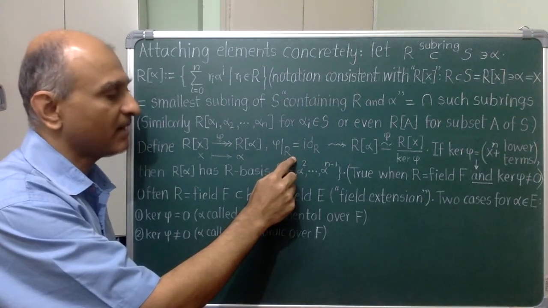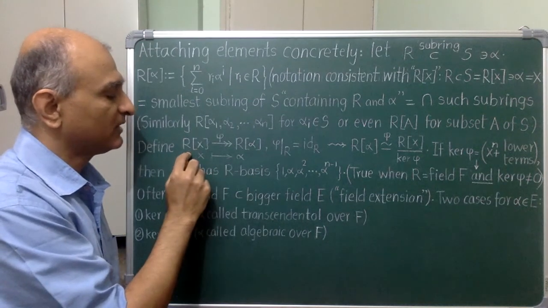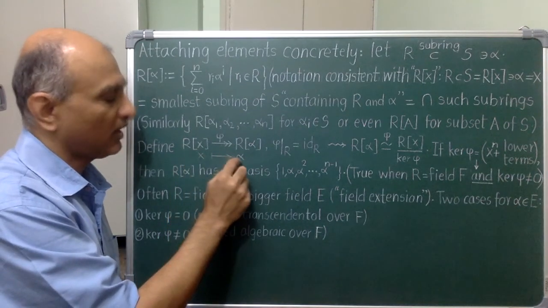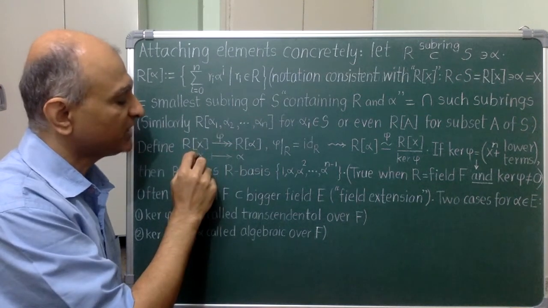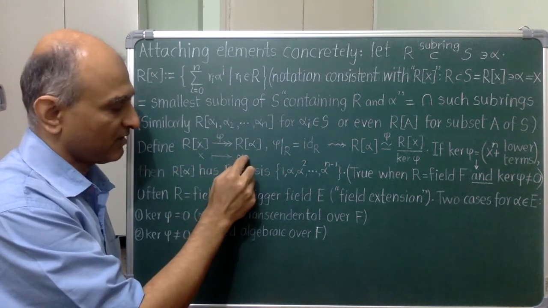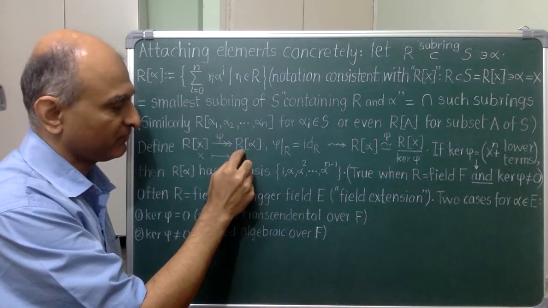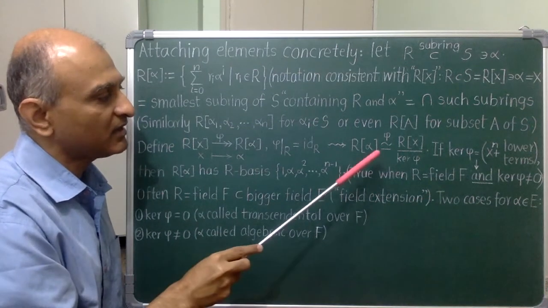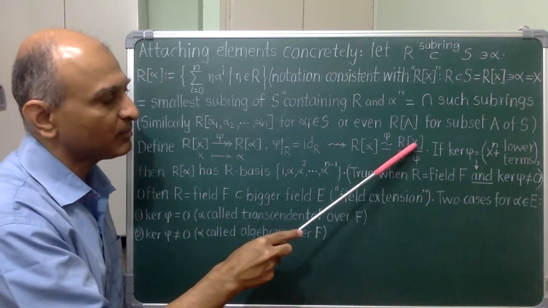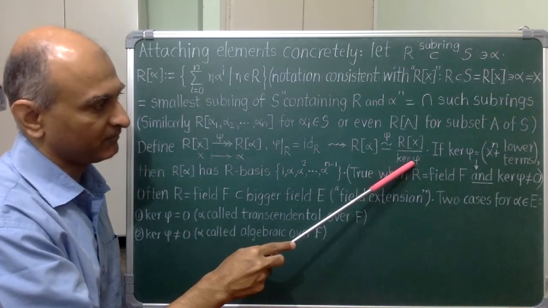Extend the identity map on R to the polynomial ring by sending X to alpha. This homomorphism phi evaluates any polynomial on alpha, and it is surjective. Therefore, by the isomorphism theorem, R adjoined with alpha is isomorphic to R[x] modulo the kernel of this map.